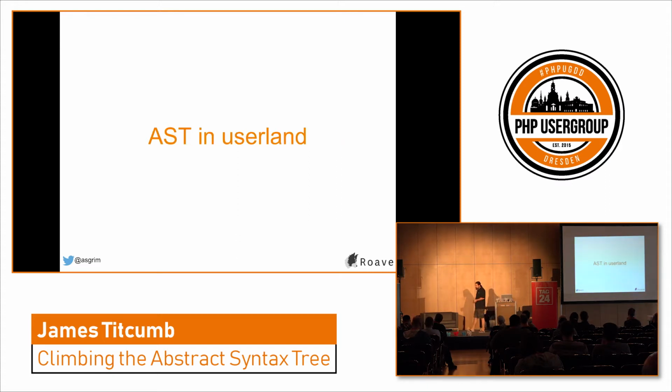But what really is kind of useful and important to your day-to-day PHP coding developer is that we can use this abstract syntax tree in the userland, that is, like when we're writing PHP, right? So why would we want to do this? Well, we get a lot of insight into what's going on in our code.